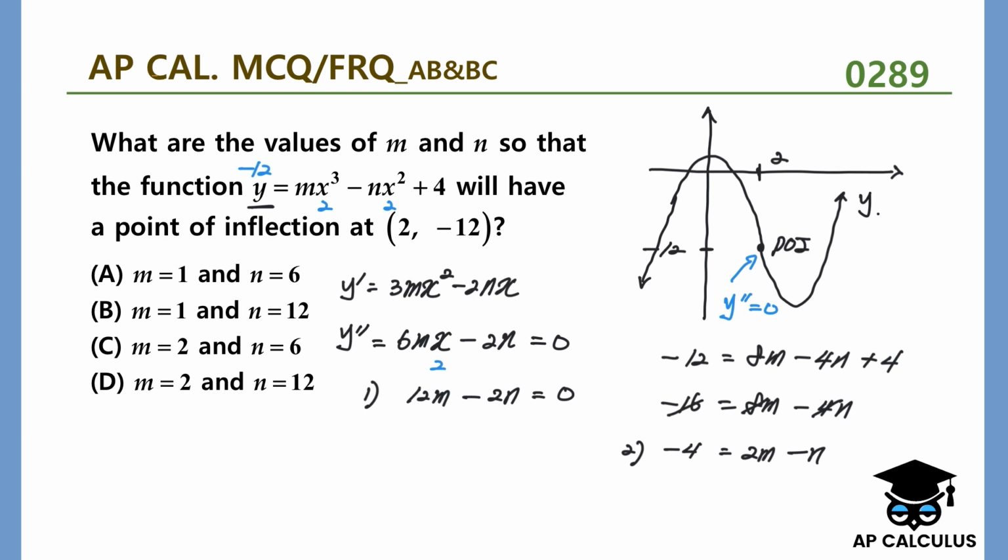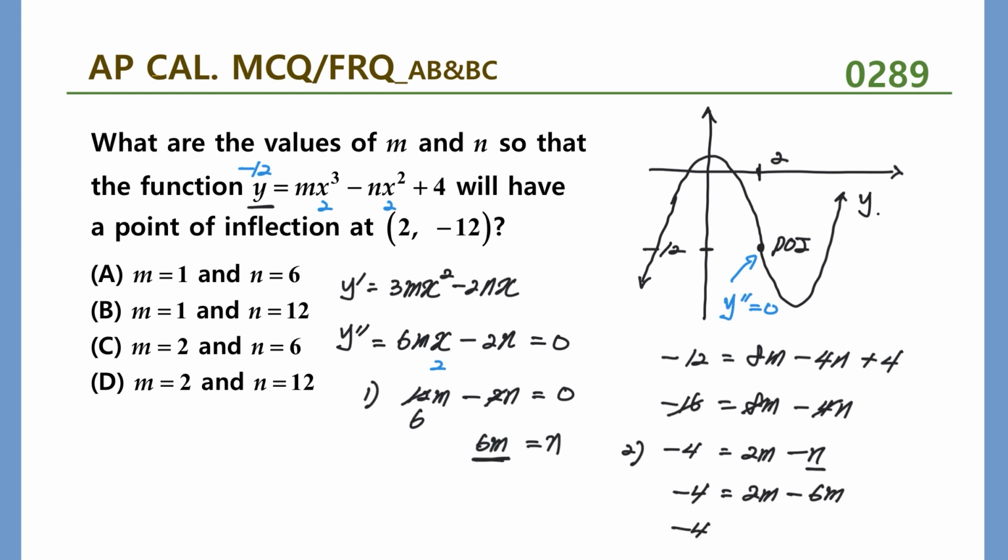Here, the first equation is also divisible by 2. So 6m equals n, right? So we can say that n is equal to 6m. And we're going to substitute 6m for n right here. So negative 4 is equal to 2m minus 6m.